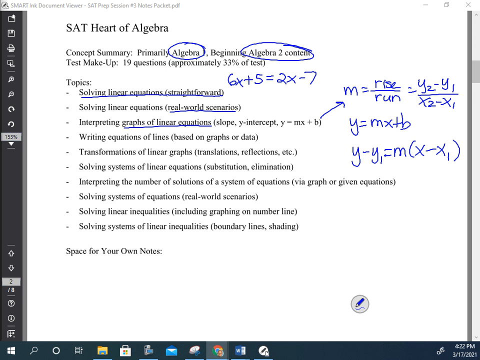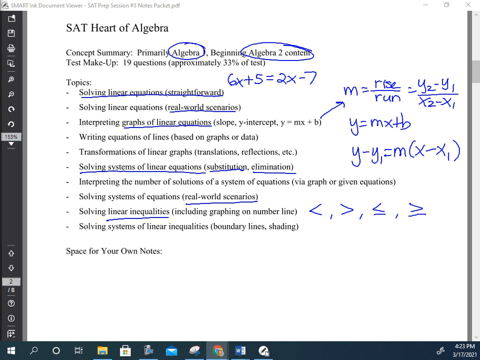So remember the formulas that you would use for linear equations. Those are still valid. Solving a system, either using substitution, elimination, or using word problems. And then solving inequalities. So that's your less than, greater than, less than or equal to, greater than or equal to.